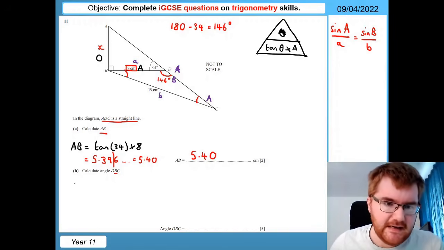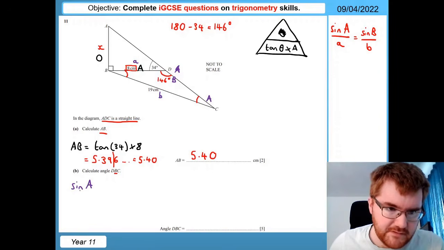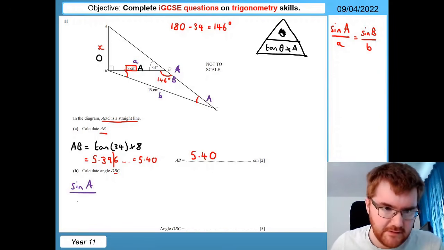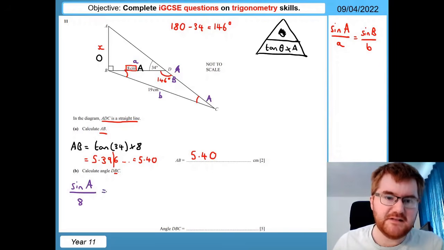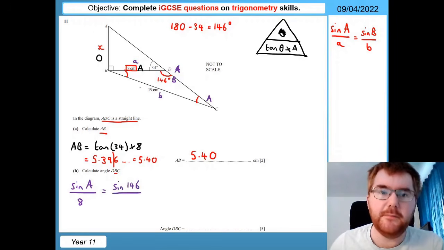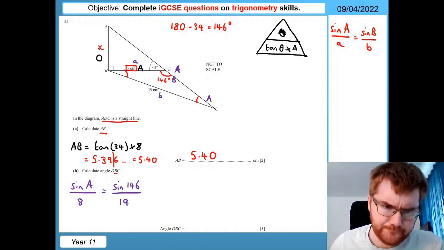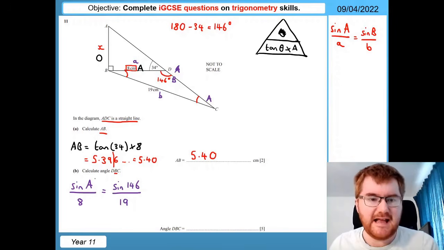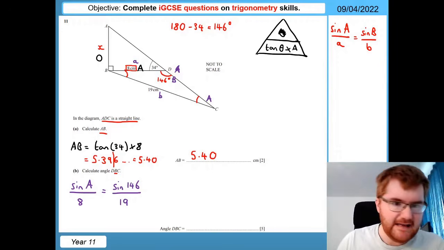So we've got sine A divided by the side opposite it, so that's the 8 over here. And that's equal to sine of the angle here, so that's sine 146 divided by 19. And generally when I have this kind of problem, we want to try and get the sine A on its own.